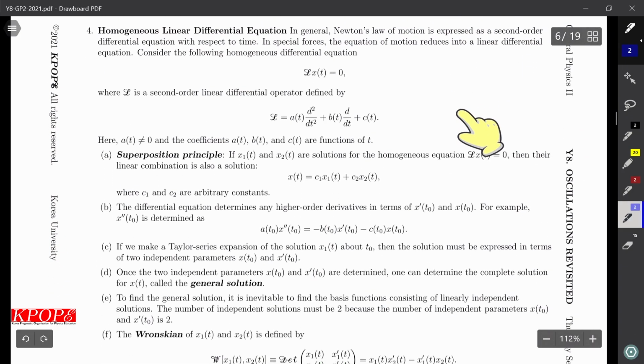Next, we consider linear differential equations. Homogeneous linear differential equation. Homogeneous means the right-hand side is equal to 0.